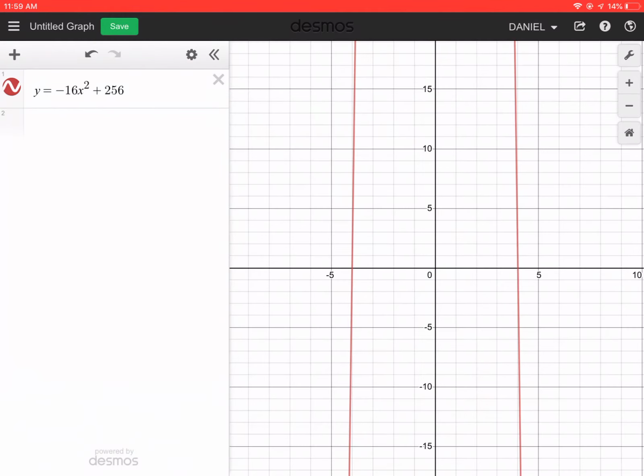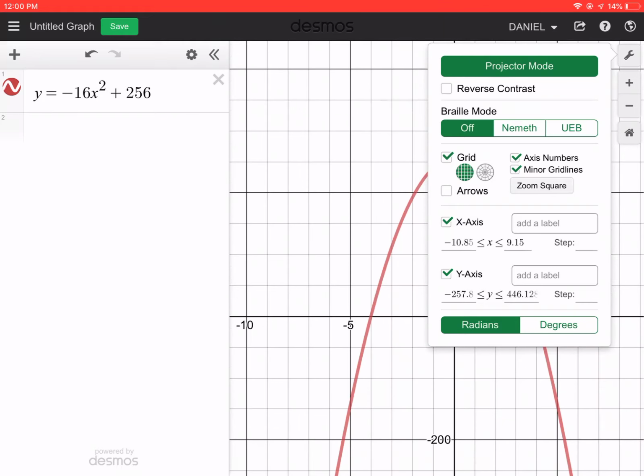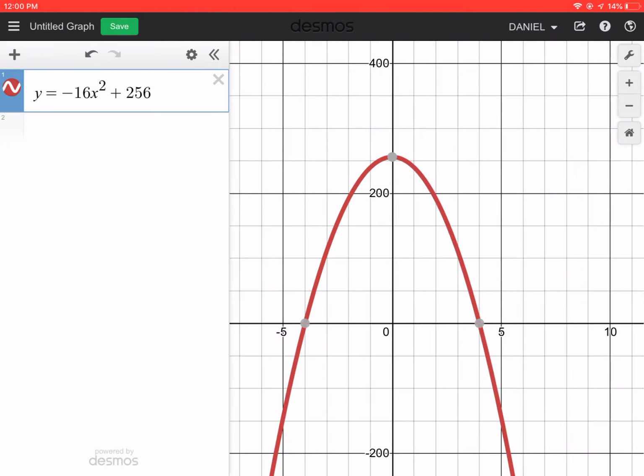If I adjust the scaling here, we can see those zeros we found, -4 and +4. That's the initial height of the apple at 256, and then it drops down and hits the ground after 4 seconds.